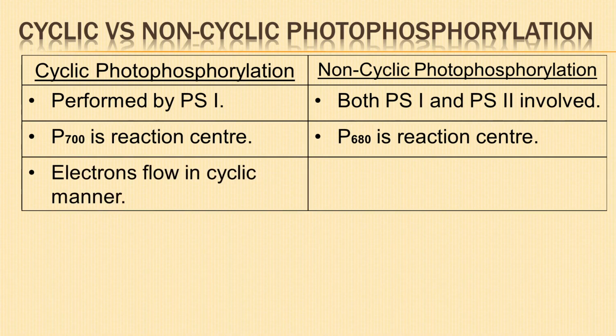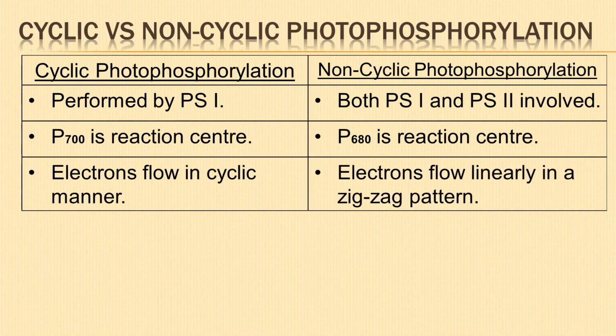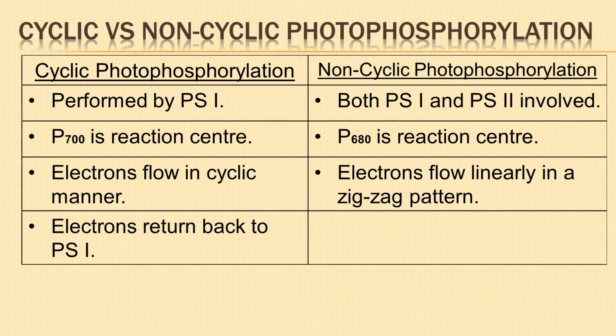Electrons flow in a cyclic manner in cyclic photophosphorylation. In non-cyclic photophosphorylation, electrons flow linearly in a zigzag pattern. Electrons in cyclic photophosphorylation return back to photosystem 1.